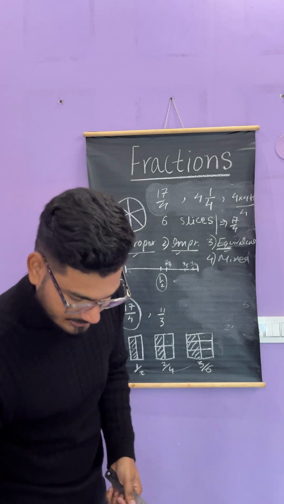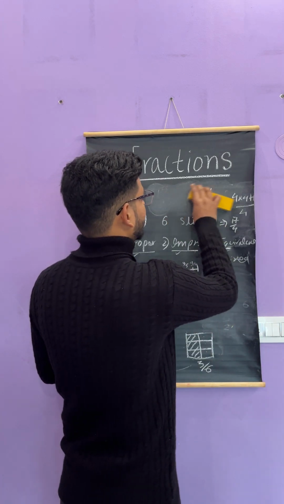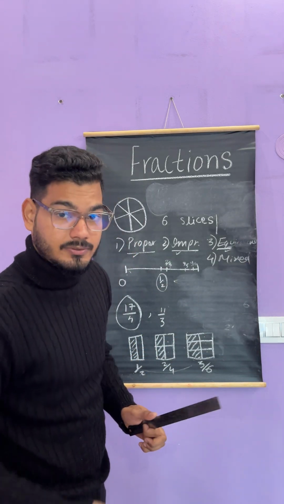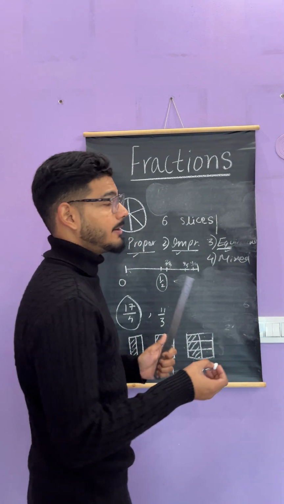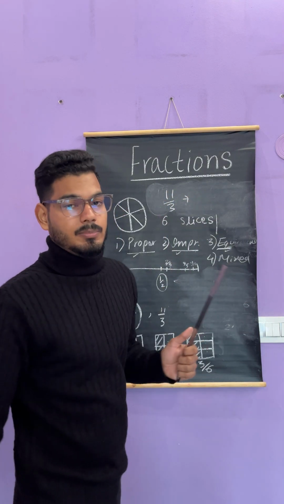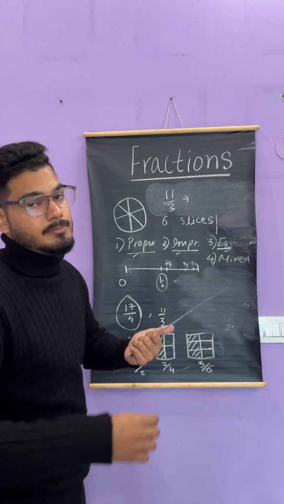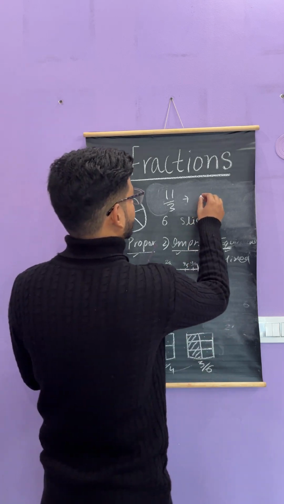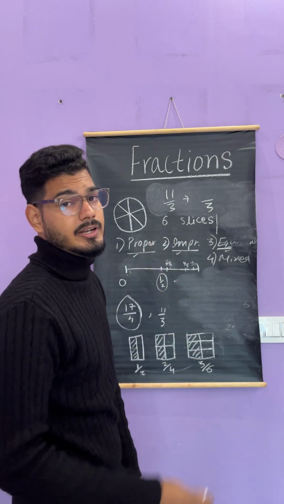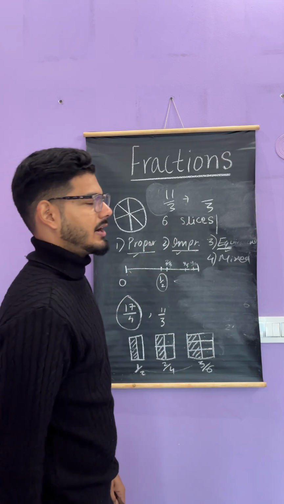Alright students, before concluding the types of fraction, we can do one more example. Suppose 11 by 3. This is an improper fraction and we need to write it as a mixed fraction. We will not touch the denominator. The denominator will always be the same when we are converting between mixed fraction and improper fraction.